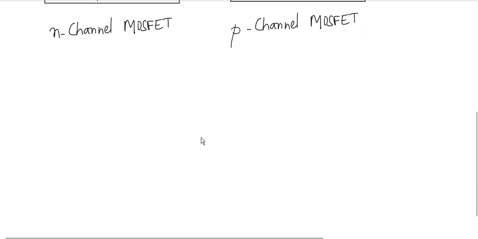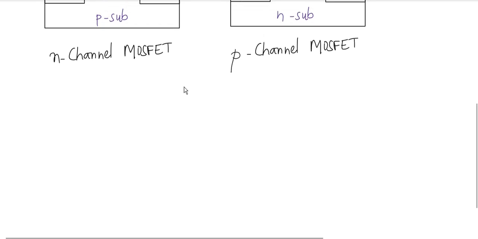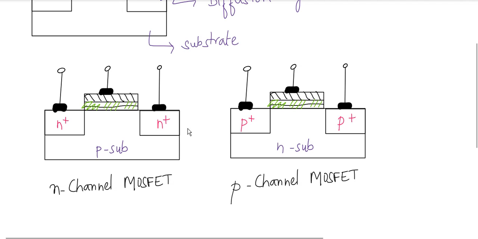Now in the fabrication process, they refrain from using two different substrates. Here in this case we have two different substrates, so rather than using two different substrates, they take one common substrate, and into that substrate they build the remaining shapes.